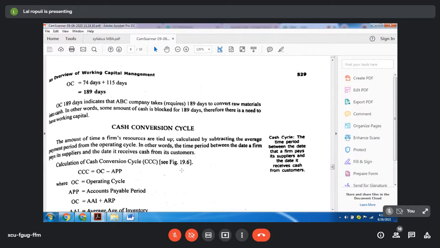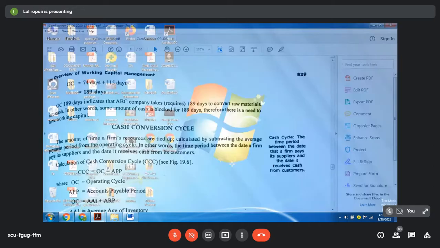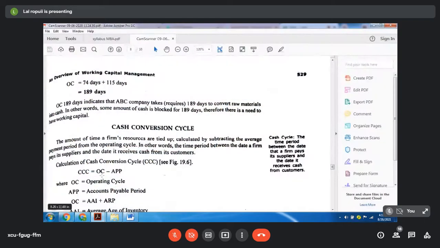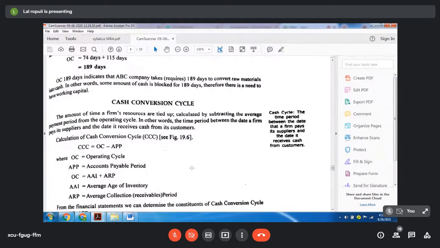So let us see what the cash conversion cycle is here. Cash conversion cycle is equal to operating cycle minus average accounts payable period, APP. The accounts payable period is the time it takes to pay off your suppliers, maybe your wholesalers for a non-manufacturing firm, or your raw materials suppliers for a manufacturing firm.